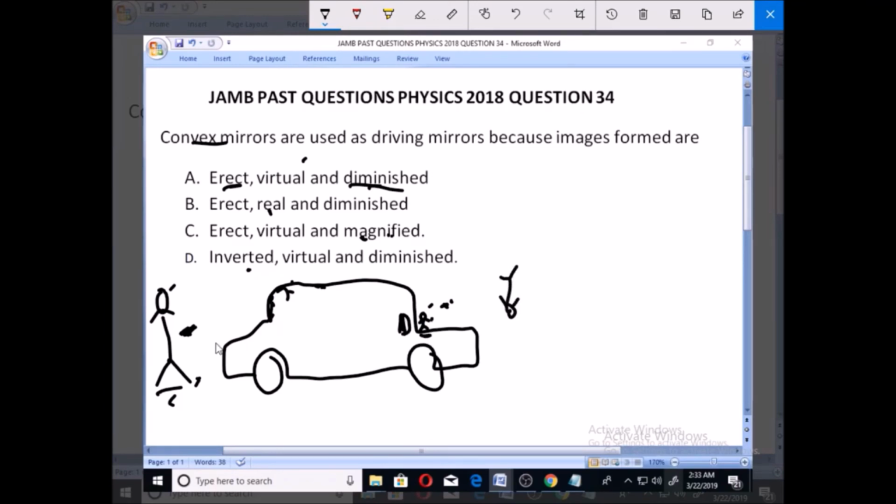It is still standing tall. So this inverted makes this not the answer. This magnified makes this not the answer. This real makes this not the answer. So the right option is A. Images formed by convex mirrors are erect, virtual and diminished, and A is the answer.